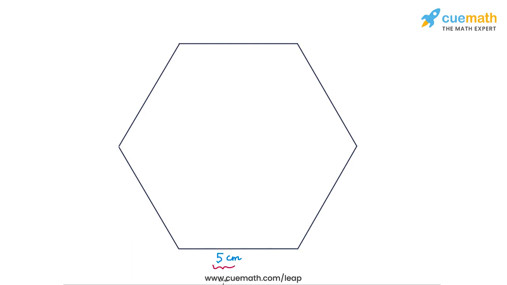So now let's go to the first rangoli that we had, the hexagonal rangoli with each side 5 centimeter long. How many equilateral triangles of side 1 do you think can be fit into this hexagon?